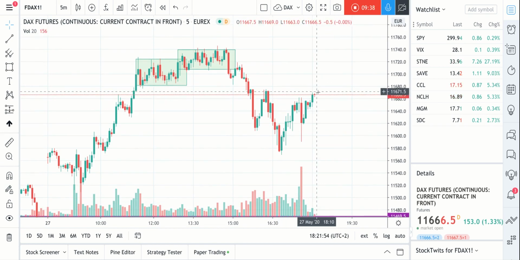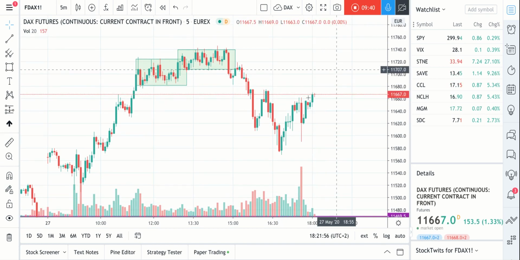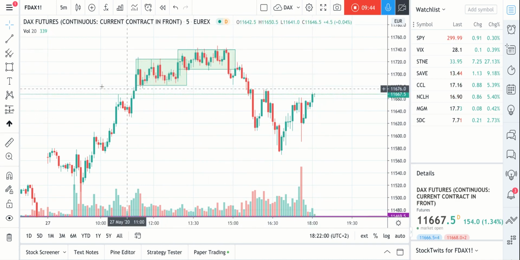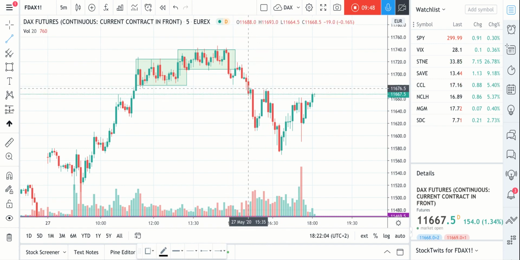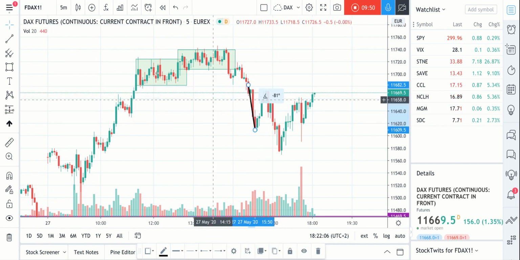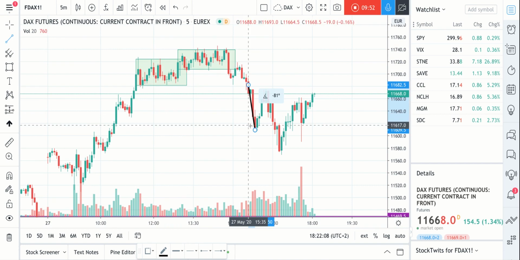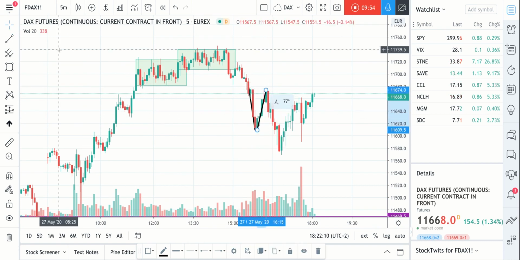Hopefully, the market might go a little bit higher. There we can see actually something like head and shoulders here. Maybe if we draw this, this is one shoulder.